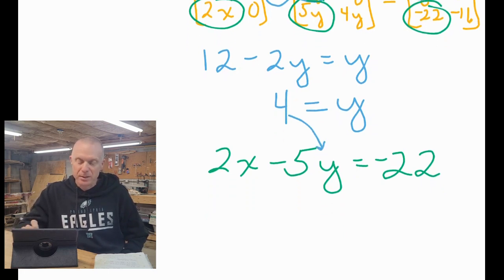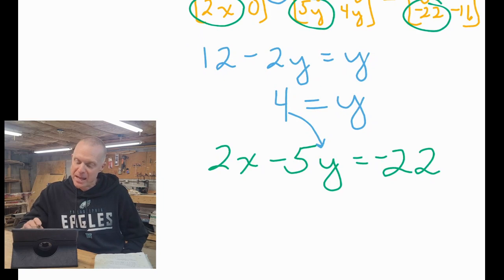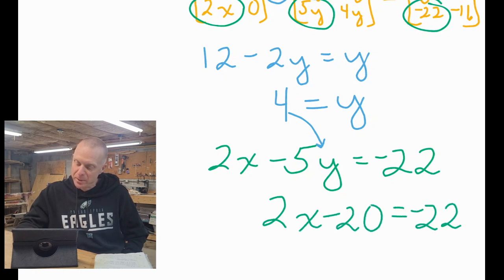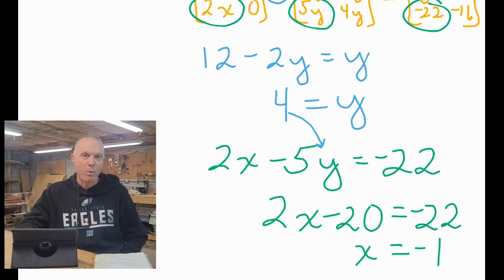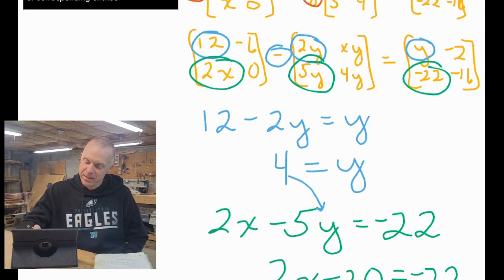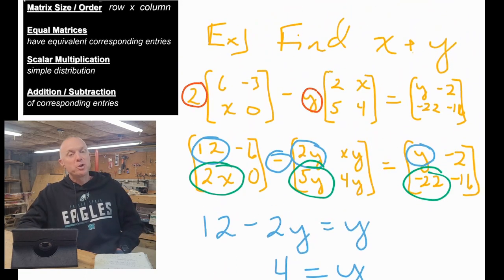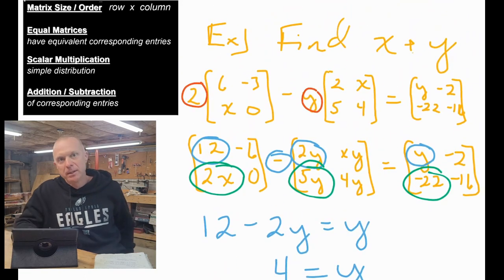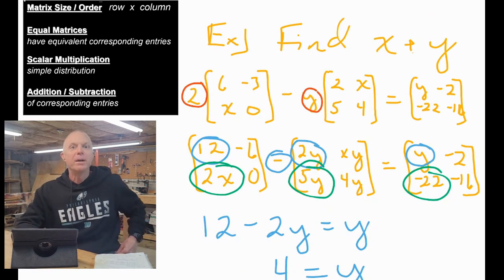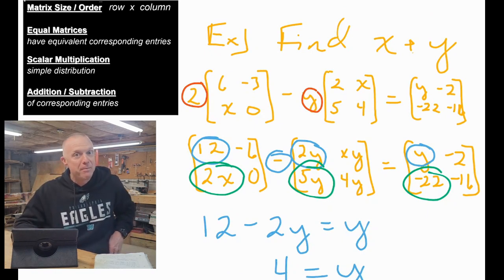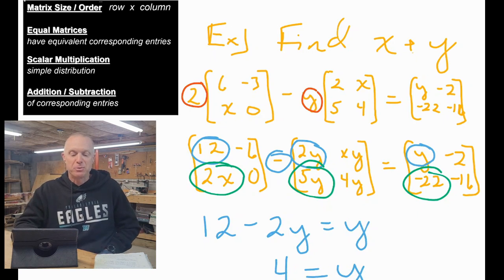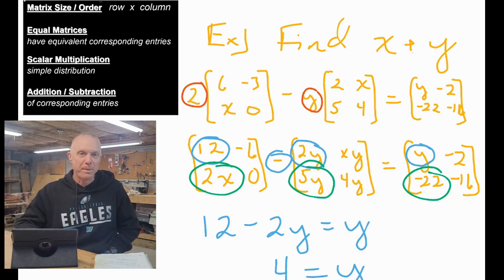And so just take a few moments and process that. And you should be coming up with the fact that 2x minus 20 is going to equal -22. And so we can, again, be able to find x to be -1. Scalar multiplication, distributing a very simple value in front of a matrix, and then addition, subtraction of corresponding entries.